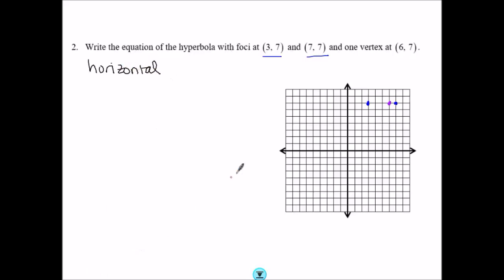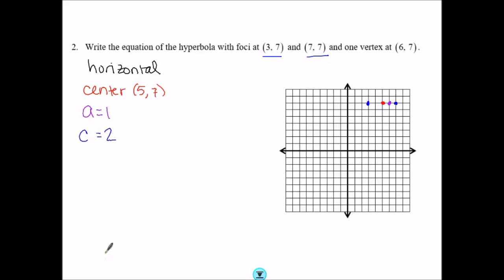And we know that the center will be halfway between the two foci. So our center is at (5, 7). We can tell that a, the distance from the center to the vertex, is 1, and that c, the distance from the center to the foci, is 2.